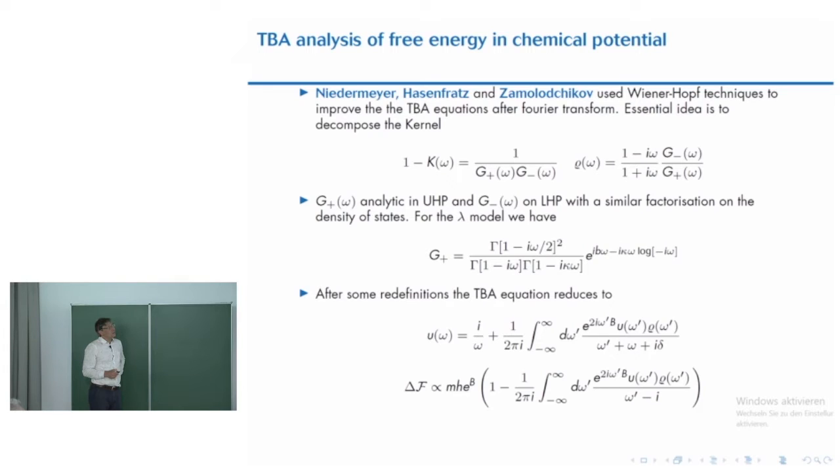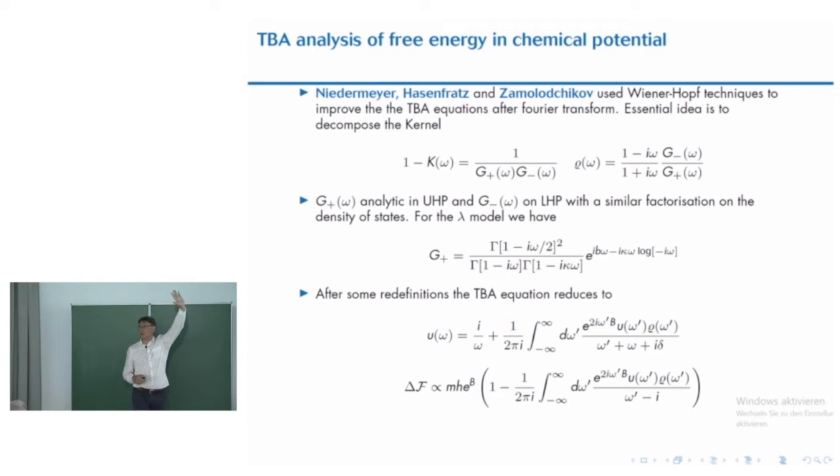K is the Fourier transform of the scattering kernel. And it turns out that after taking away a delta function, we can factorize this Fourier transform into 1 over G plus times G minus. The critical point here is that these G plus and G minus have well-defined analytic behavior.